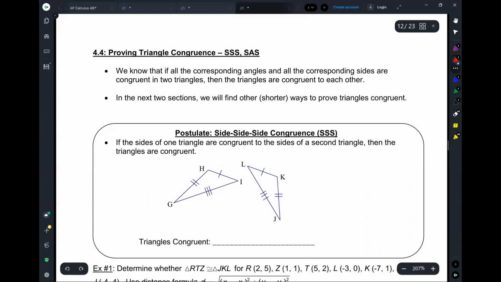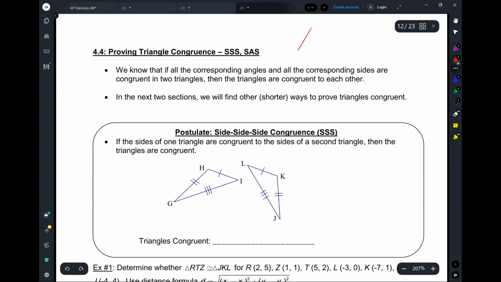an overkill. So for example, if I have this one triangle and this other triangle, yes, if these two are congruent and these two are congruent and these two are congruent, and same with the sides, yeah, if all 6 here are congruent to all 6 there, the triangles are congruent.